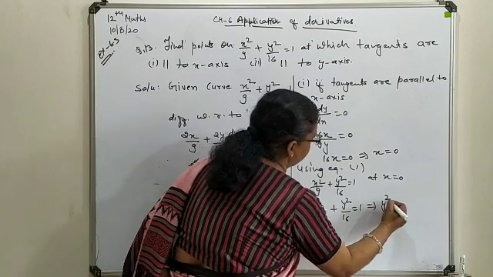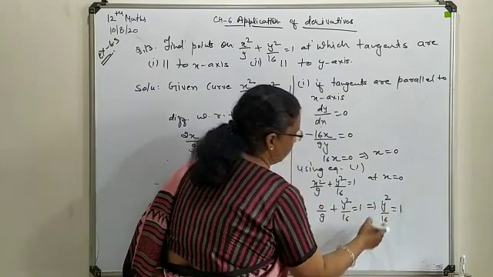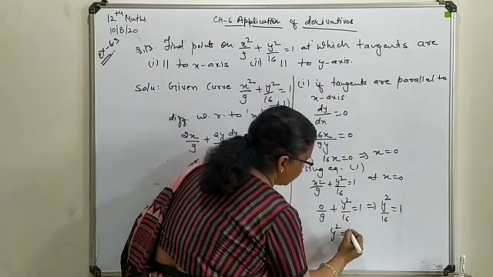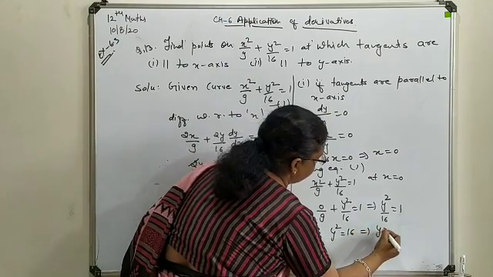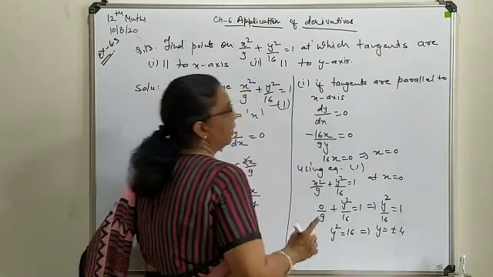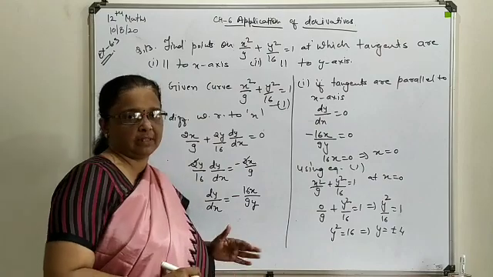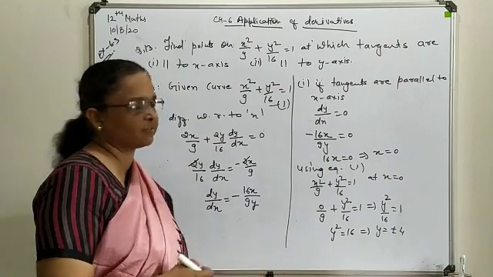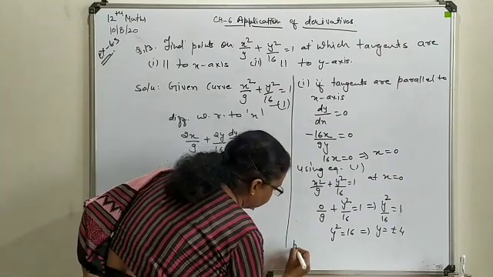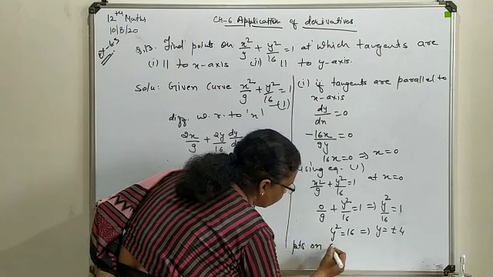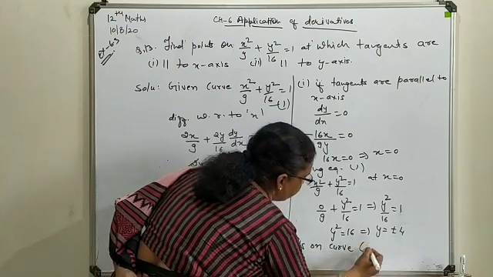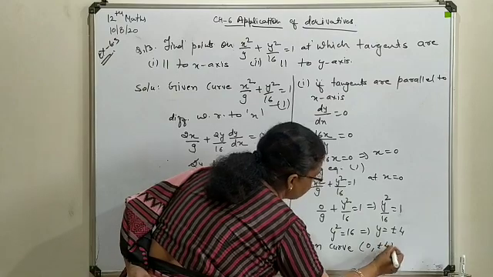So this will give you y square upon 16 is equal to 1. Make it cross multiply 16. So y is equal to plus minus 4. This way one pair of points we have generated: points on the curve we are having are 0, plus minus 4.